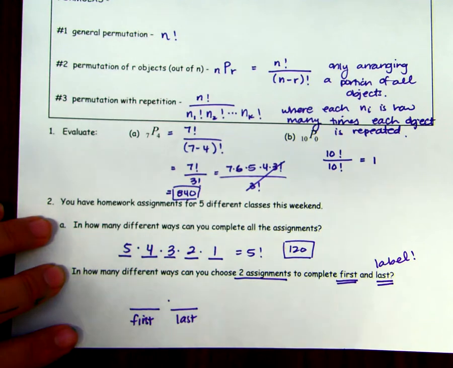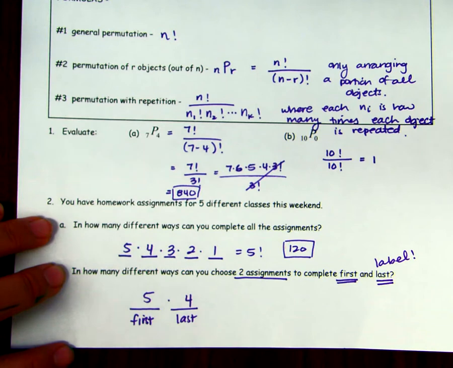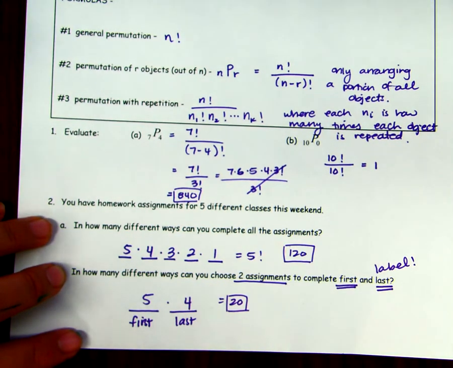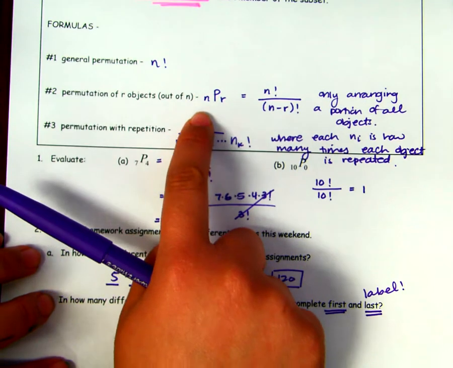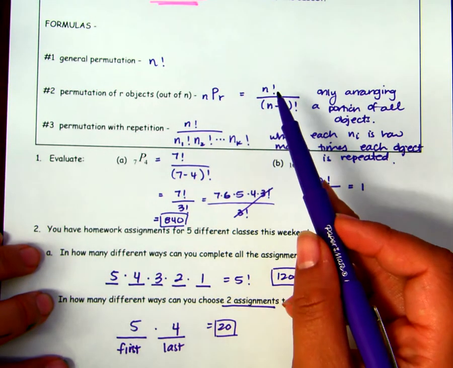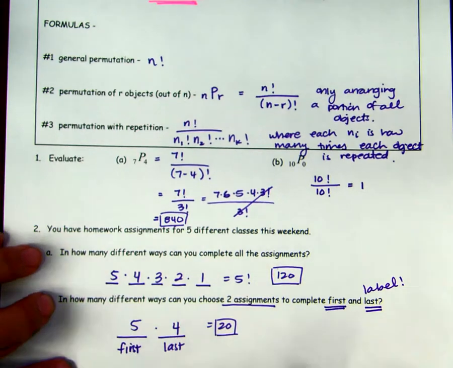It would be 5 for the first, and 4 for the last, which is actually 20 ways for me to complete this assignment. But remember that another way for me to think about this would be 5 permute 2, which is 5 factorial over 3 factorial, which still gives you this.